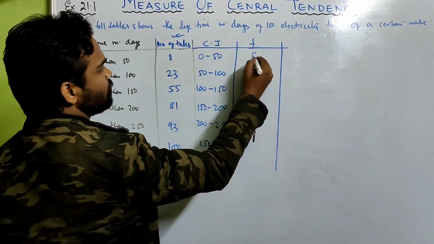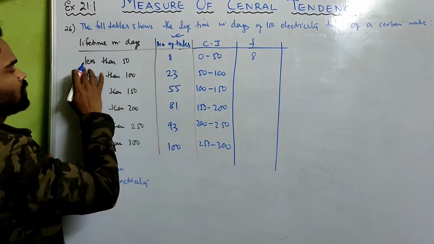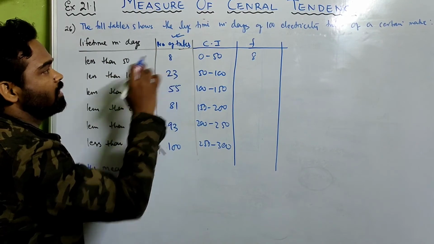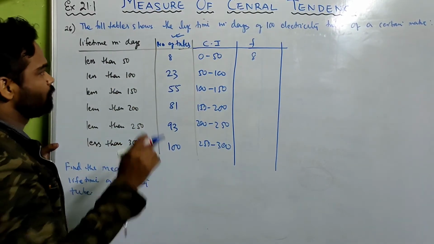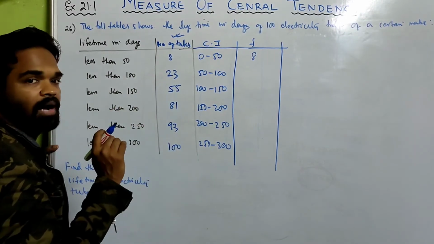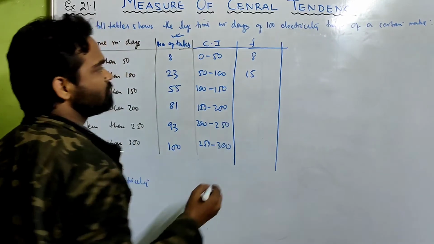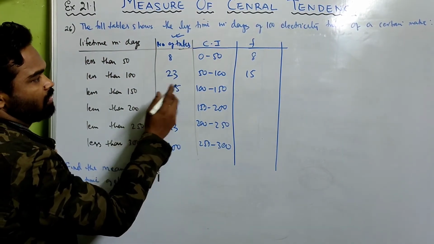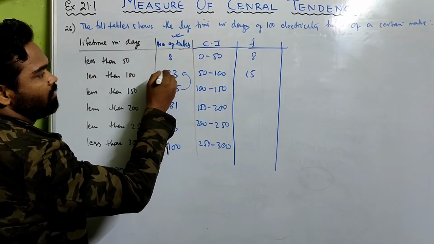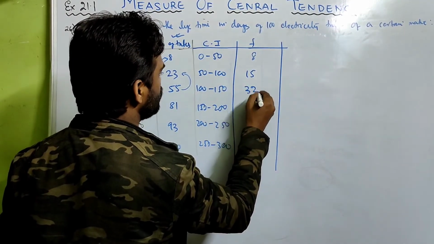Frequency: 8, then 23 minus 8. Because for 0 to 50, there were 8 tubes, and for 0 to 100, there were 23. So from 50 to 100, how many? 23 minus 8. Now again, 55 minus 23, that's 32.